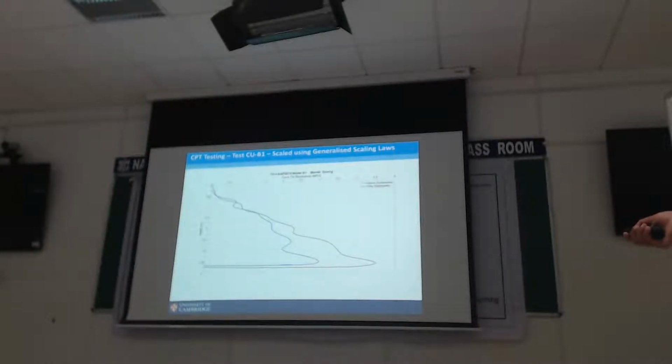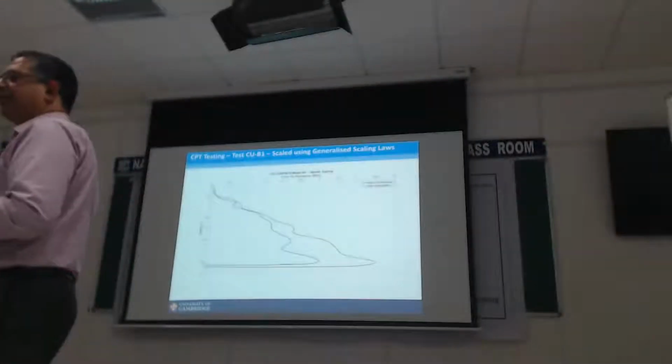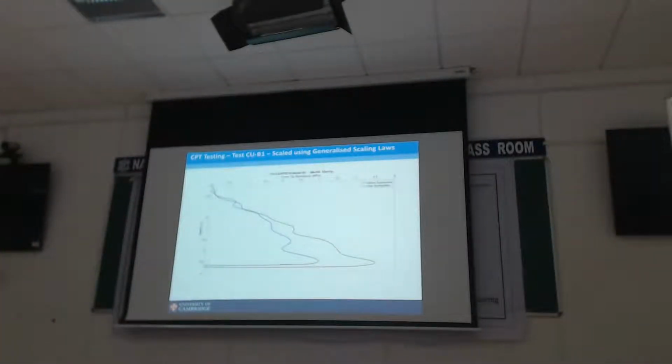Again, black is before, blue is after. If I take the 2 meter depth level, I can say it's coming up to about 1.5 megapascals, or a bit more than 1.5 megapascals. So when I scale it in my 80G test, the scaling law made it go from whatever the higher strength I had to 1 megapascal.